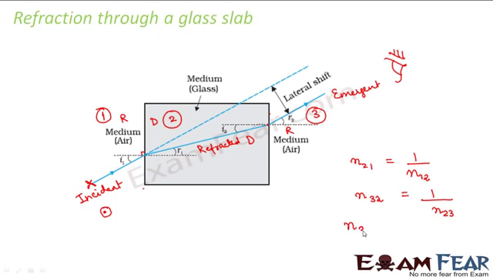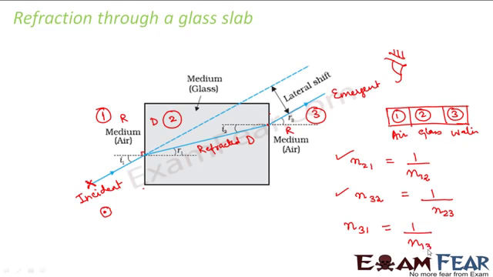What would be the refractive index of medium 3 with respect to medium 1? Let us suppose we have some system where we have medium 1, medium 2 and medium 3, and they are all different media. Let us suppose this is air, this is glass, and this is water. So in this case, this relation will hold true. Now what would be the refractive index of 3 with respect to 1?